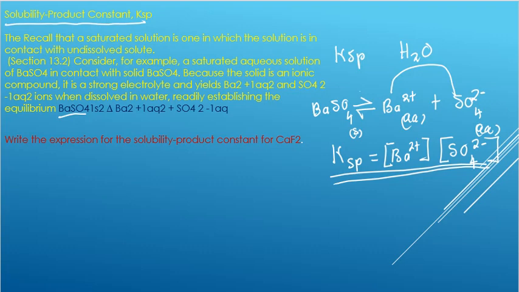From this concept, we can deduce that the solubility product constant is simply the product of the concentrations of the dissociated ions, the ions that are produced when dissociation takes place.